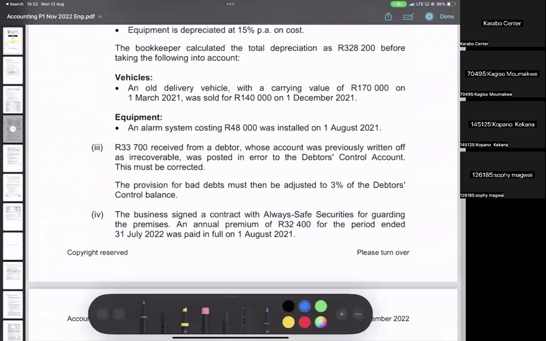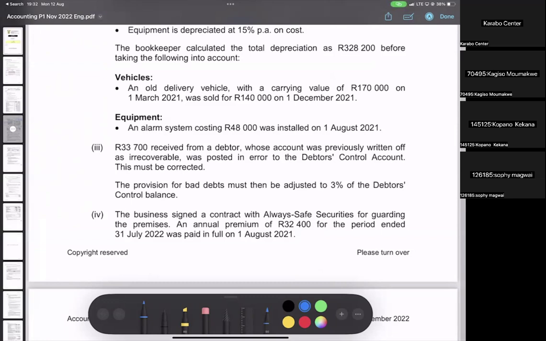Roman figure 3 says 33,700 received from a debtor whose account was previously written off as irrecoverable was posted in error in the debtor's account. This must be corrected. So, guys, this is how it goes.